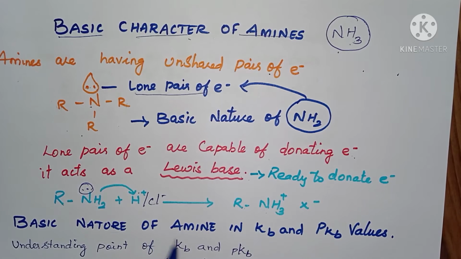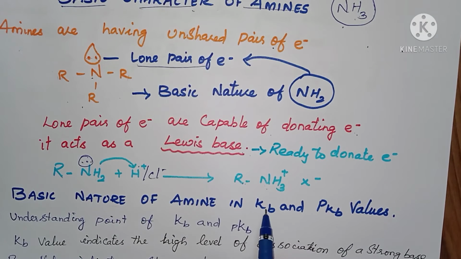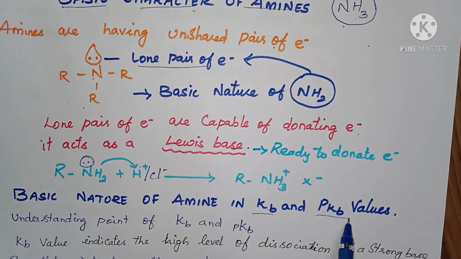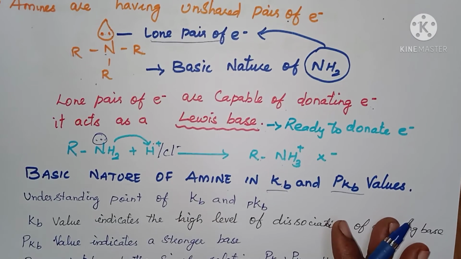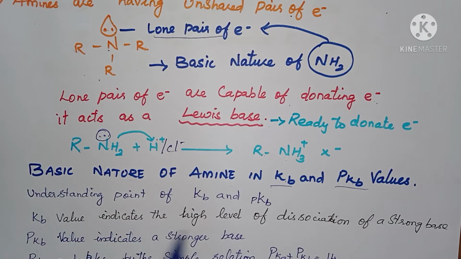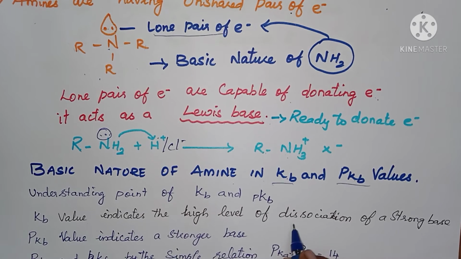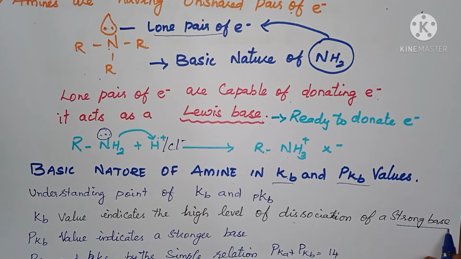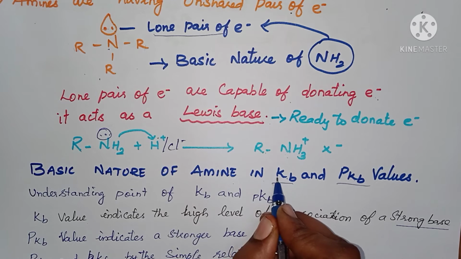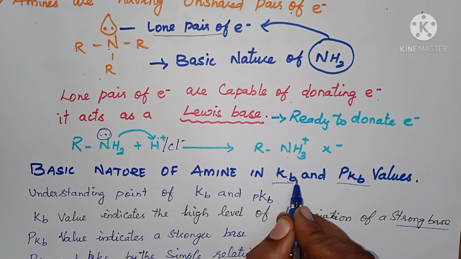Basic nature of amine in terms of Kb and pKb. They may ask this question: explain the basic nature of amine in Kb and pKb. First of all, what is the meaning of Kb and pKb? The Kb value indicates the level of dissociation of a strong base. K is a constant and B stands for base.